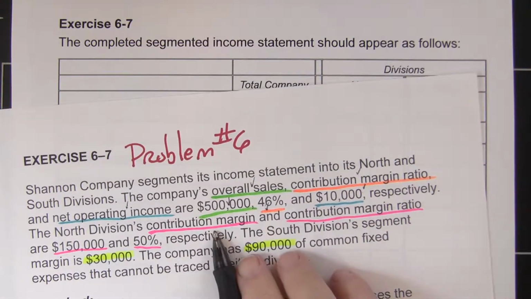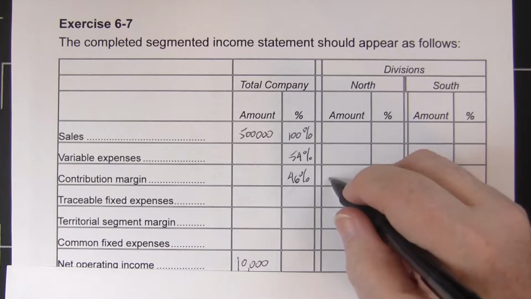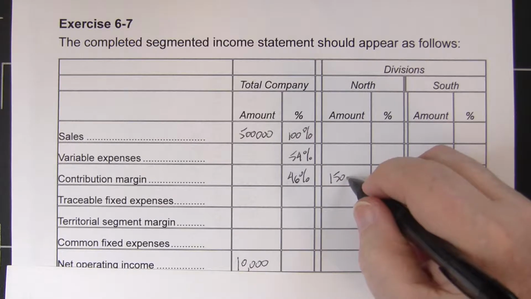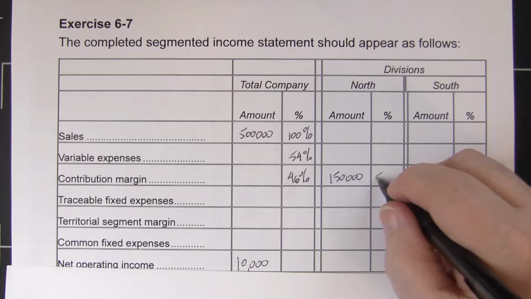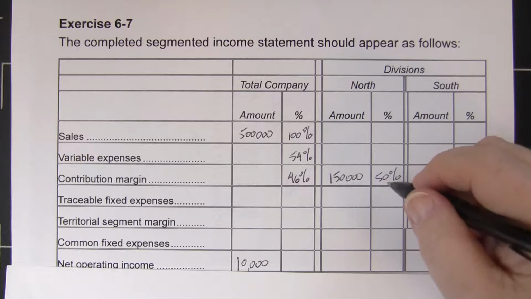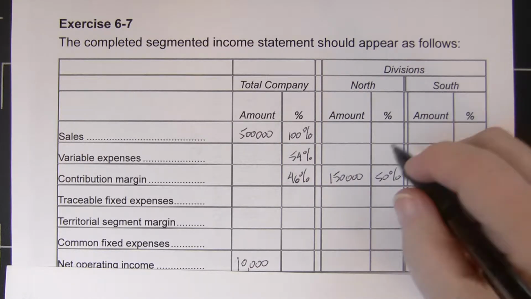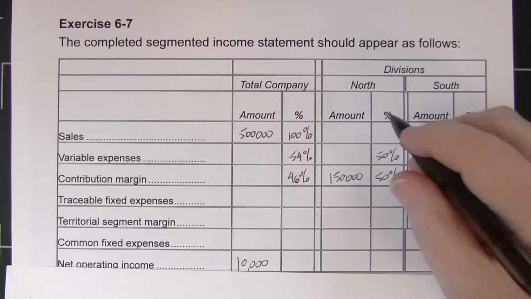Now the North Division's contribution margin and contribution margin ratio are $150,000 and 50%. So if their contribution margin is $150,000 and that's 50%, we know that the variable expenses have to be 50%.